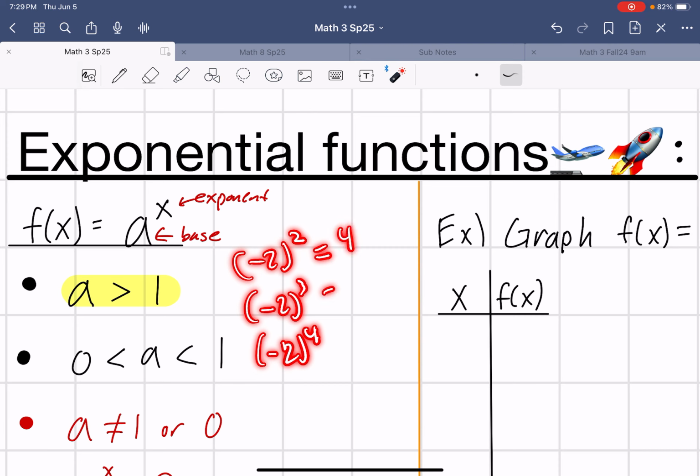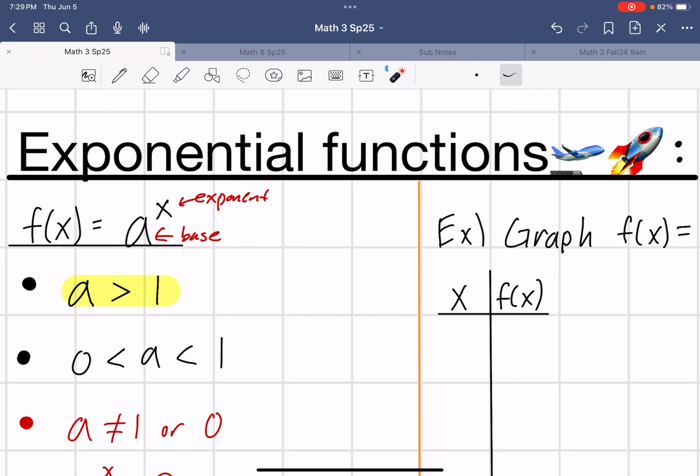So it'll be 4 and then negative 8 and then positive 16. And that's going to cause your points to be bouncing back and forth, so you won't get a nice graph. It's still a graph, but the graph we're talking about is those that have this behavior that I'm showing in this picture.